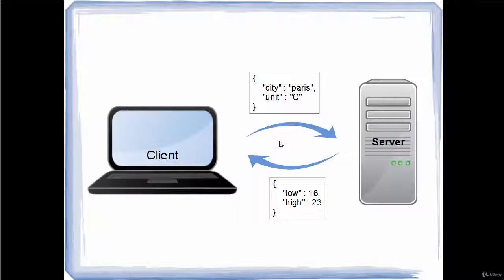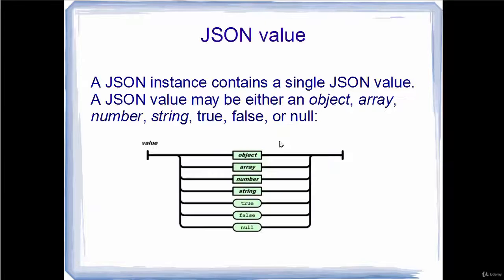Now the question arises, which kind of data can you send using JSON, right? So let's see what values you can use to send data. In JSON, you can send this data in the form of these data types which are there in this picture.